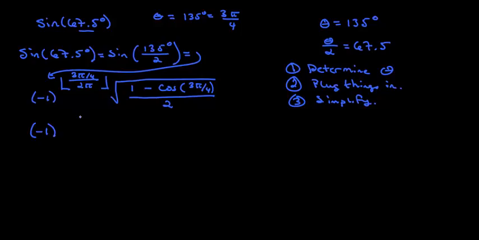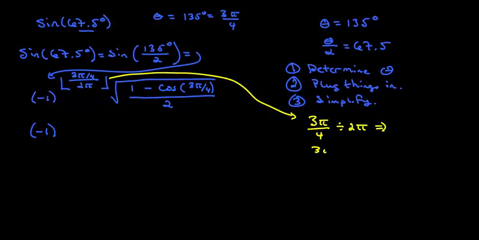So this is negative 1 raised to the, now I'm going to do this as a side note over here. This will be 3 pi over 4 divided by 2 pi, which is the same thing as 3 pi over 4 multiplied by 1 over 2 pi.